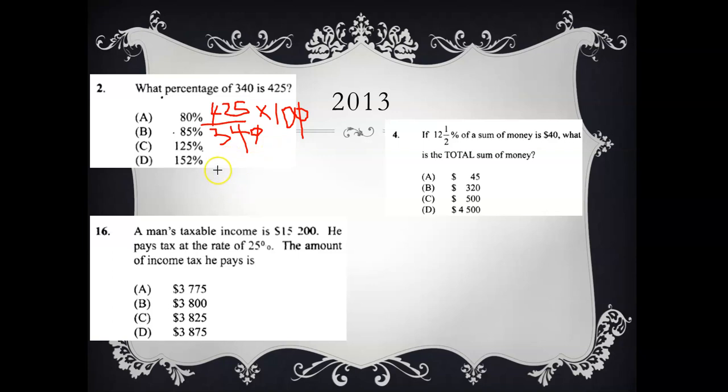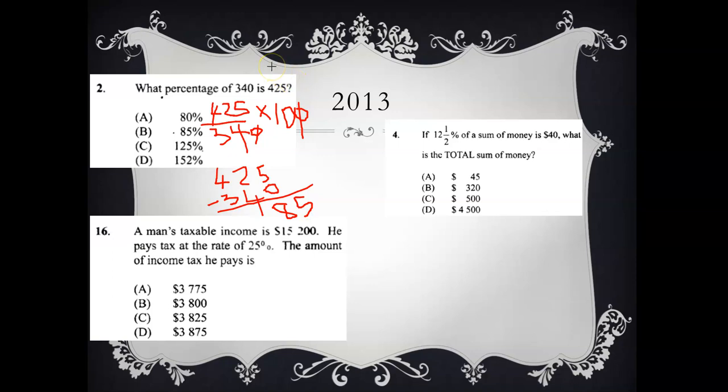So what I've decided to do is to subtract 340 from 425. They say work smarter, not harder. So 425 minus 340, I get 85.